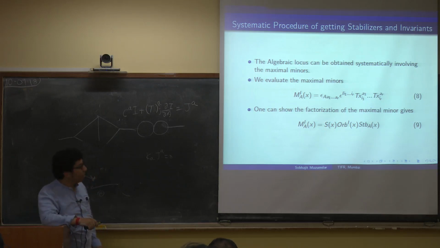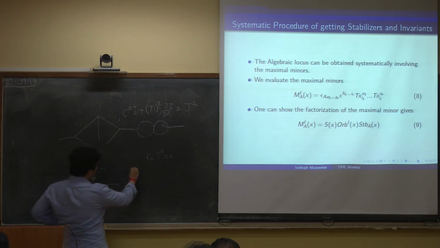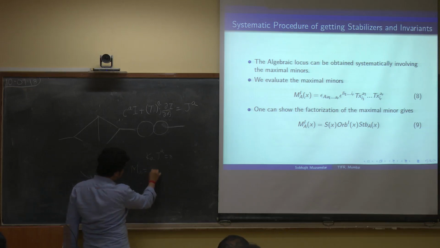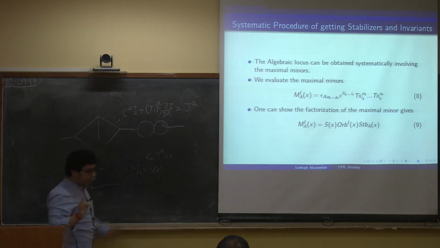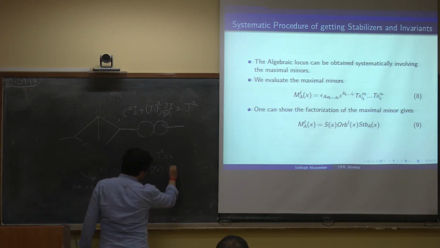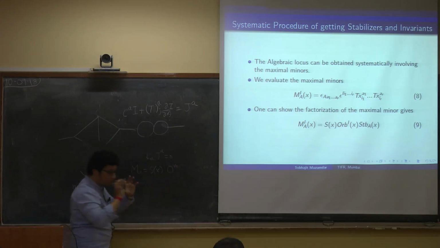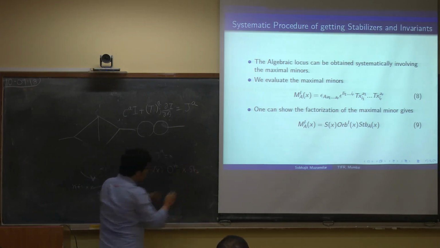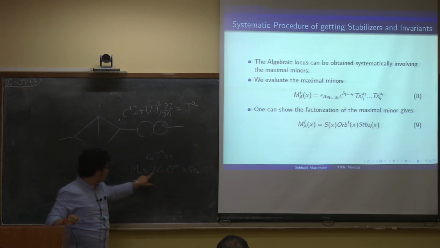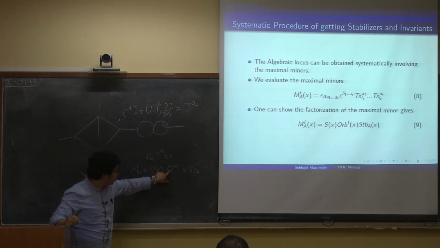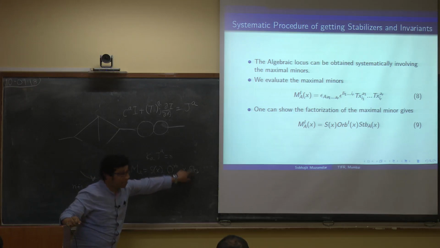If you obtain the maximal minors of that T, they can be factorized with an overall polynomial, depending on the diagram you are talking about, times some orbit polynomial which should be equal to 0, and the stabilizers mean the left null vector. So the maximal minor can be factorized into these 3 parts. At this equal to 0, if you dot with this, then your T will vanish.